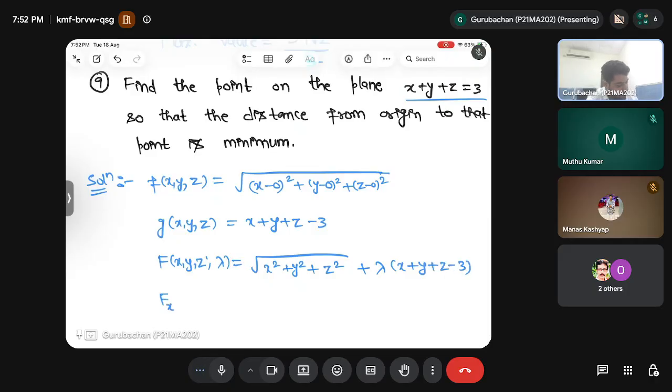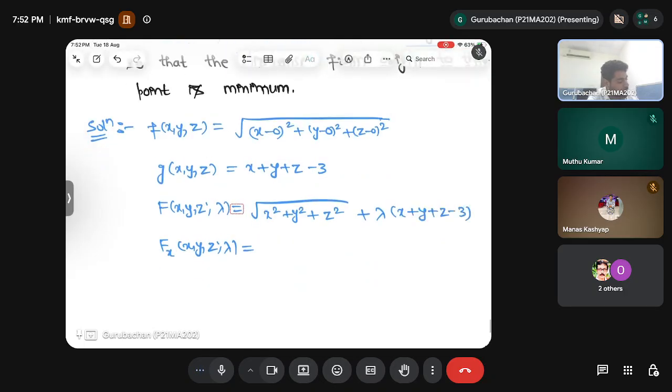So f_x(x, y, z, lambda) is equal to 2x divided by 2 under root x square plus y square plus z square, plus lambda.